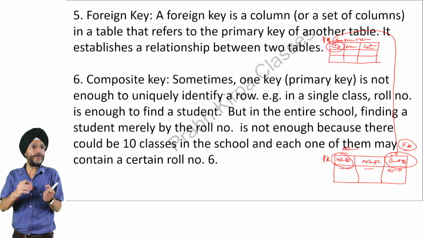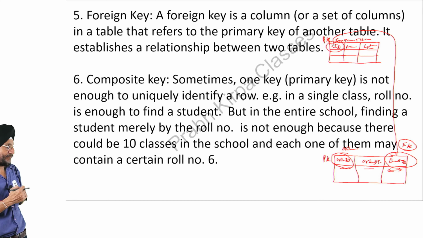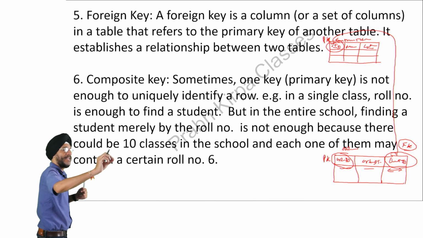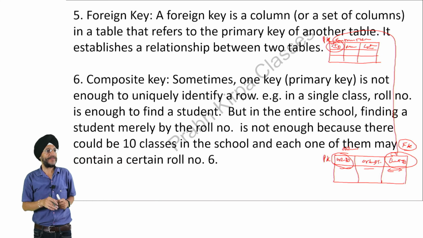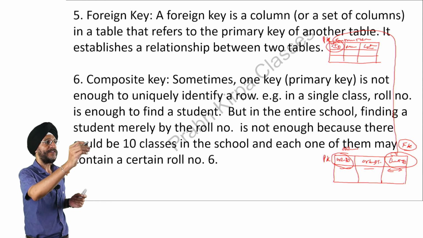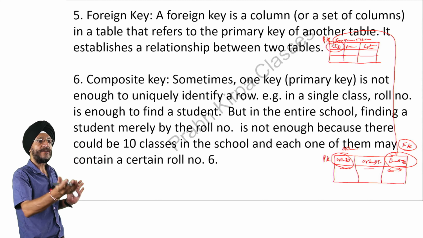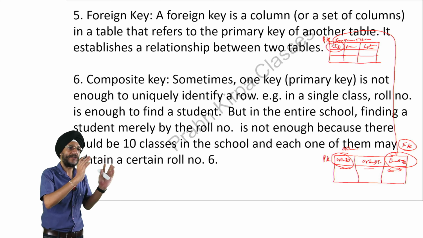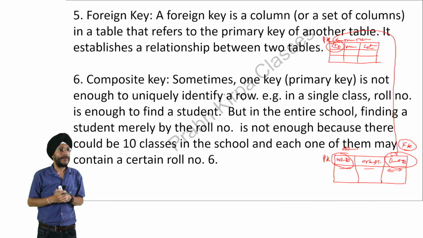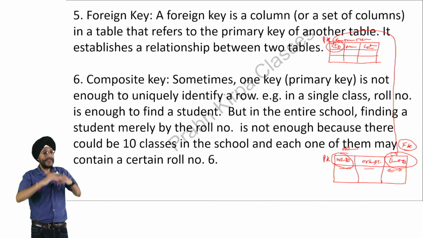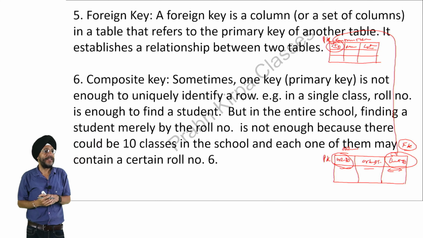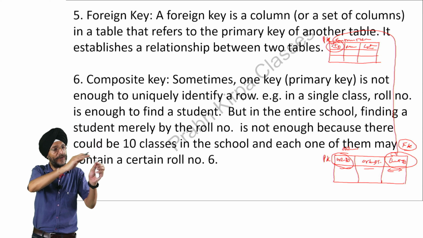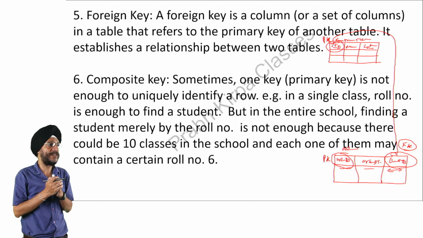We may be having 40 students and each student has been allotted a roll number, say 1 to 40. And when the teacher asks for roll number 20, roll number 20 will stand up. 25, 25 will stand up. But in the whole school, there may be many classes and each class may be having 1 to 40 students or 1 to 20 students.